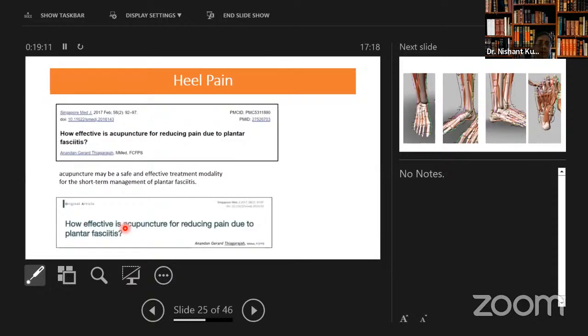Okay? So heel pain and plantar fasciitis, very good results are there with acupuncture, and we have avoided steroid or PRP therapy with the help of acupuncture in heel pain.